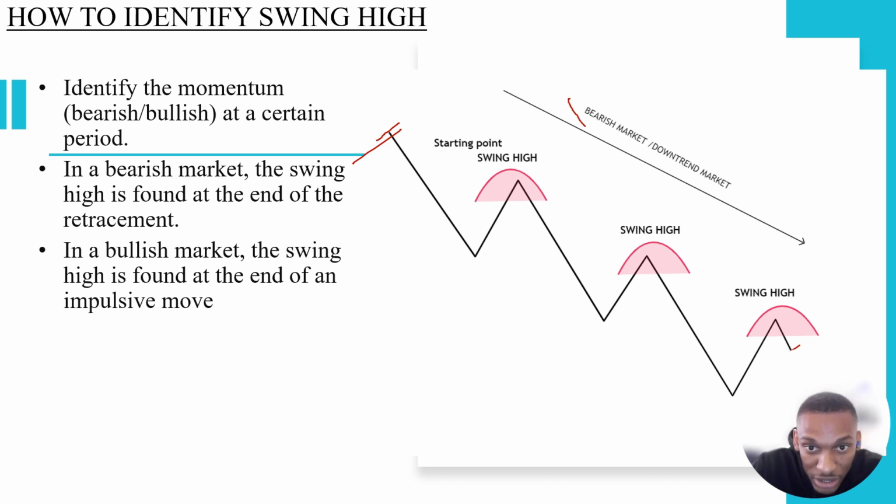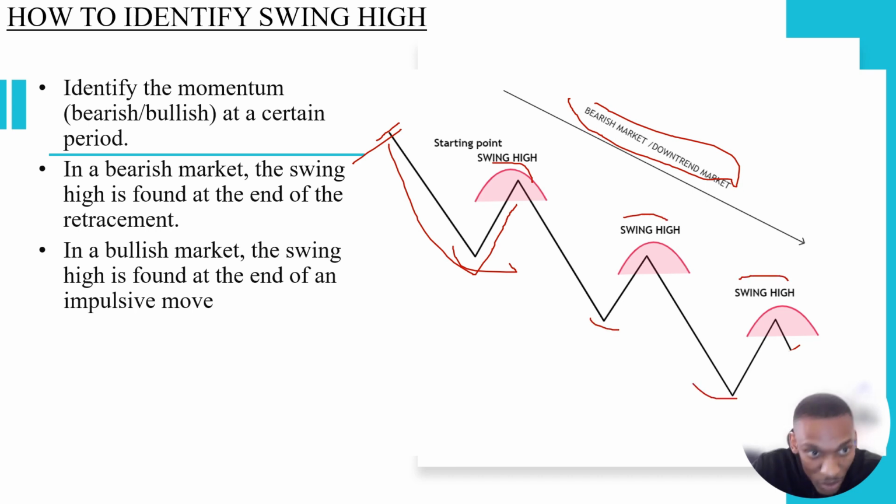In a bearish market, as you can see, the market is moving downwards. Which one is your swing high? Of course, if you're starting here, this is a swing low, swing high, swing low, swing high, swing low, swing high, all the way to the end in a bearish market or a downtrend market.